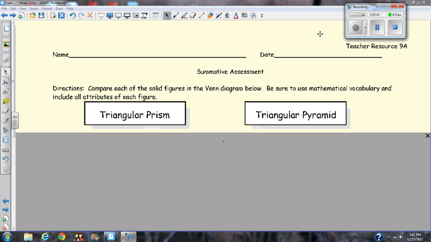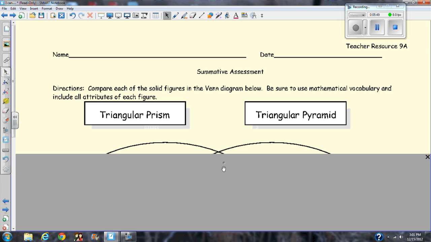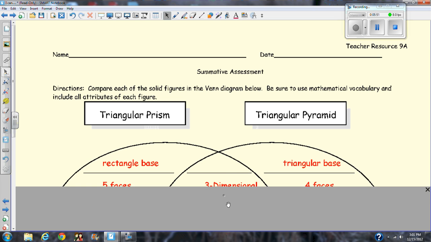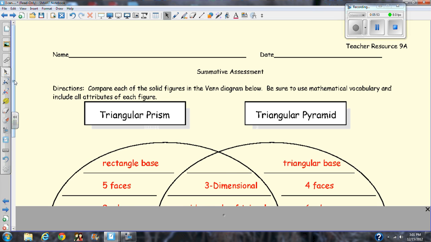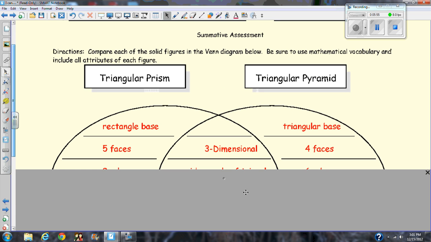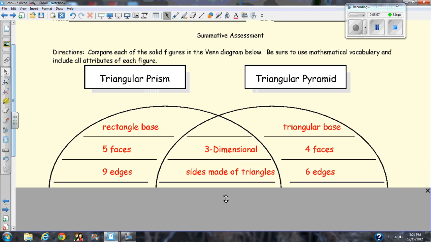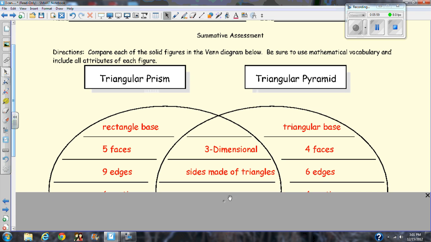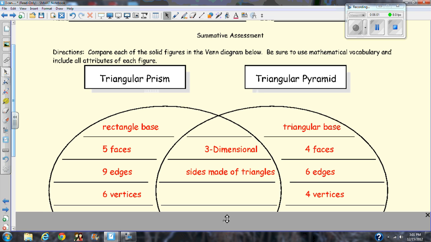Right, now it's having you compare triangular prisms with triangular pyramids. Let's just pull this down. In the middle, both of them are 3-dimensional, and both of them have sides made up of triangles. How they are different is that a triangular prism has a rectangular base.